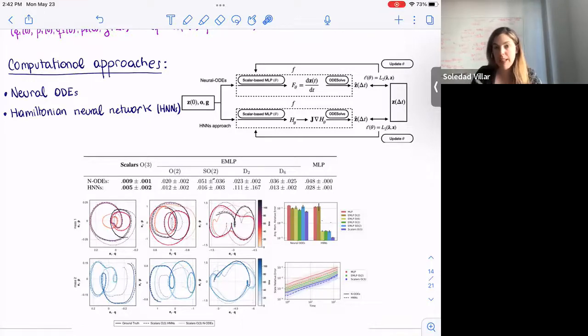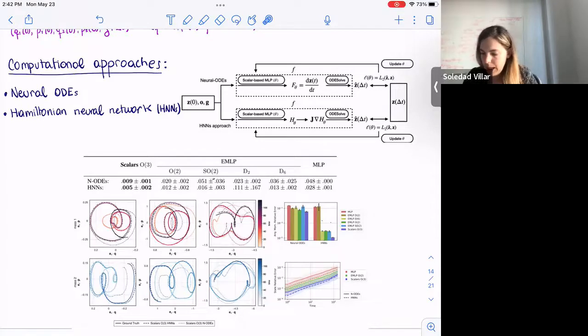The Hamiltonian is an O3 scalar invariant function. So we can express this Hamiltonian in terms of the scalar products, as I showed in our characterization before. And then from this Hamiltonian, you use an ODE solver or a Hamiltonian integrator to produce the predictions, and then you can learn from that.